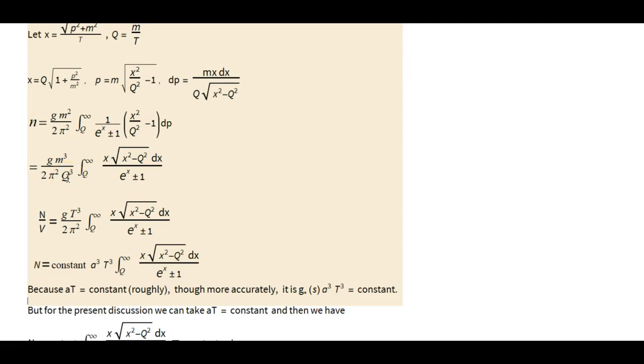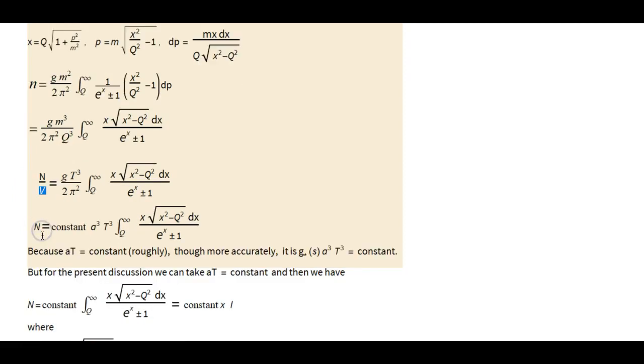I substitute q back as m over T. The number density is the number of particles over volume, and volume is proportional to a cubed. So we have some constant times a cubed, and g over 2 pi squared can be absorbed in that constant. So we have a cubed T cubed, and aT is roughly constant.